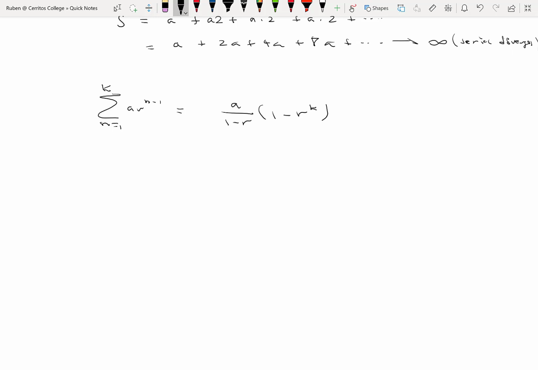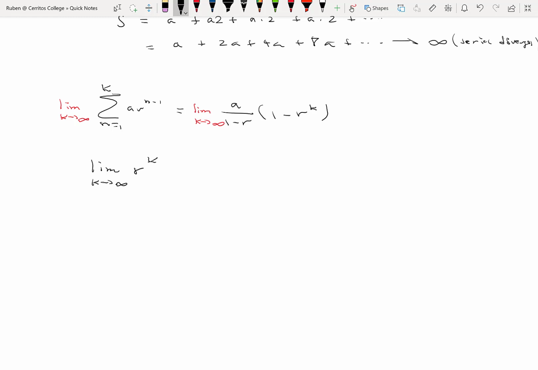And then we took the limit of both sides as k goes to infinity. We make K orders, and then we let the number of orders approach infinity. And remember that limit only depended on what happens with R to the K.